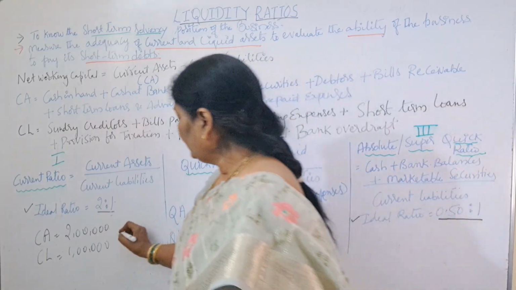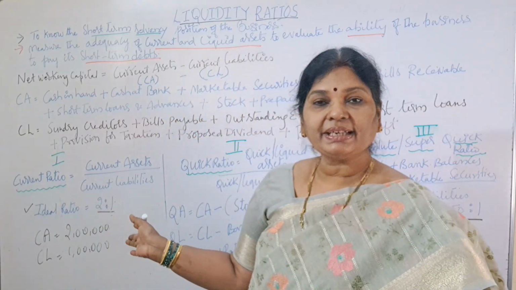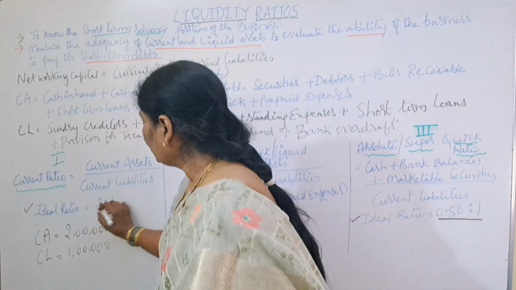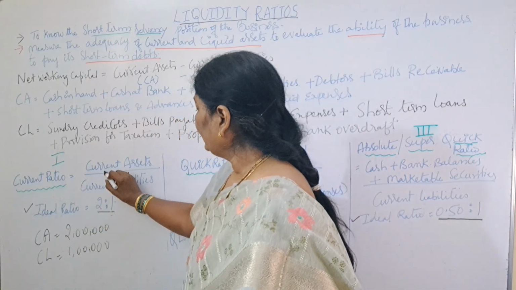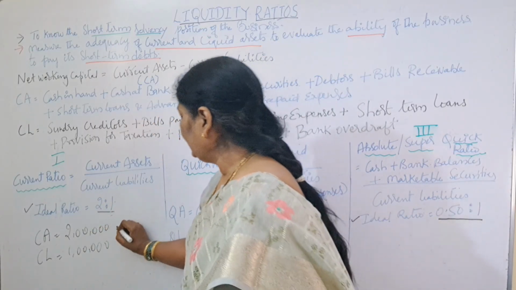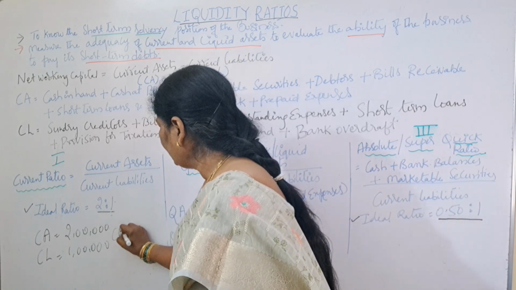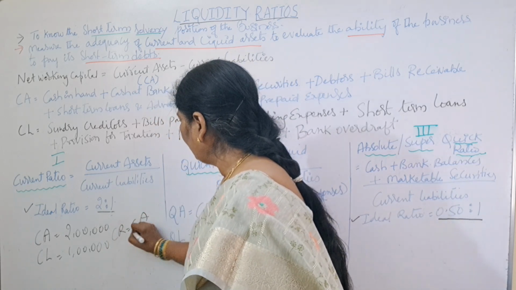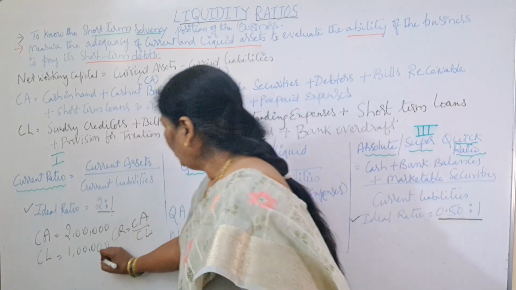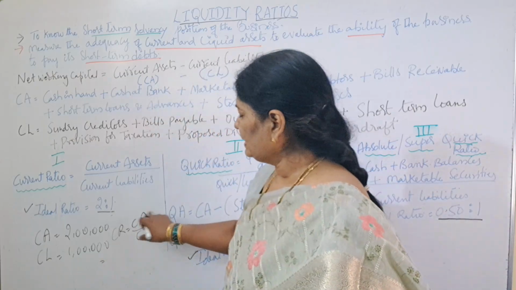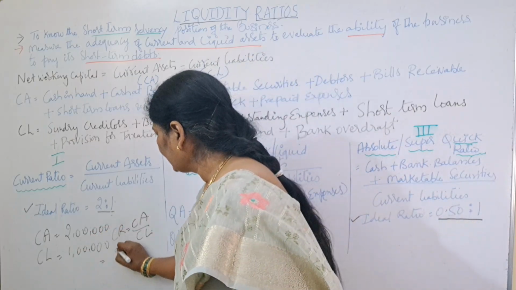So how will you use these amounts to prepare this current ratio? What is the ratio formula? Current assets by current liabilities. Now we will write this formula. Current ratio is equal to current assets by current liabilities. Now what is our current assets value given here? 2 lakhs, right?